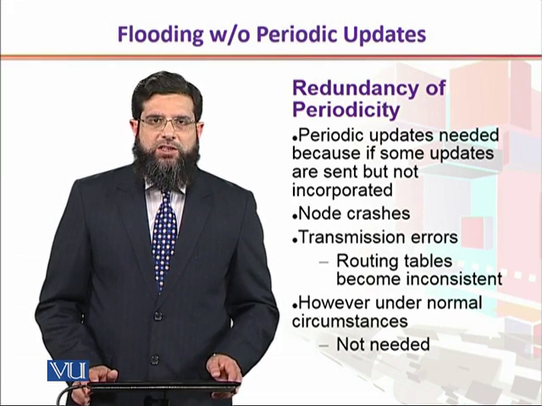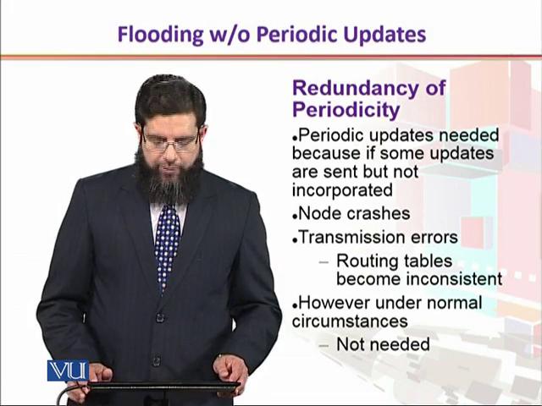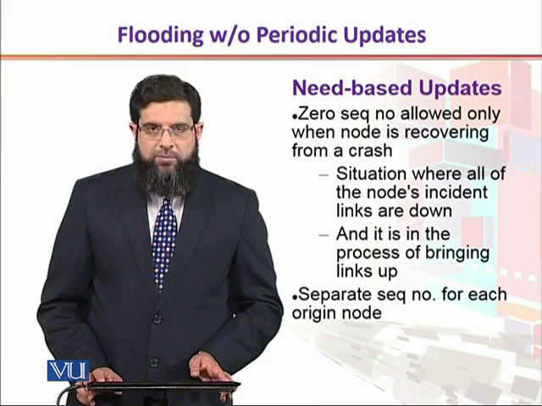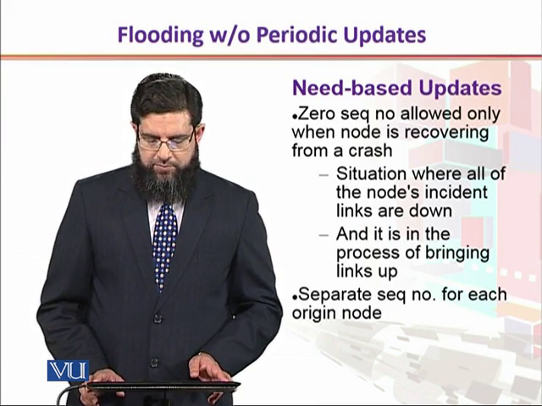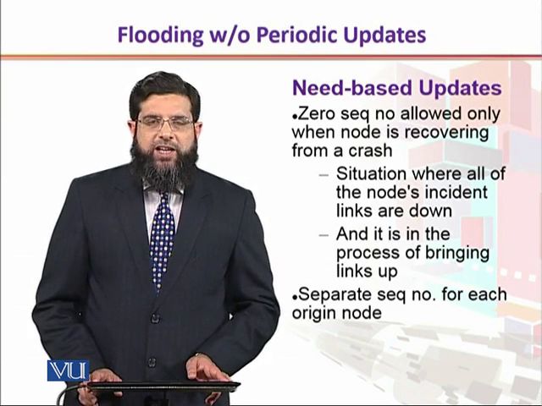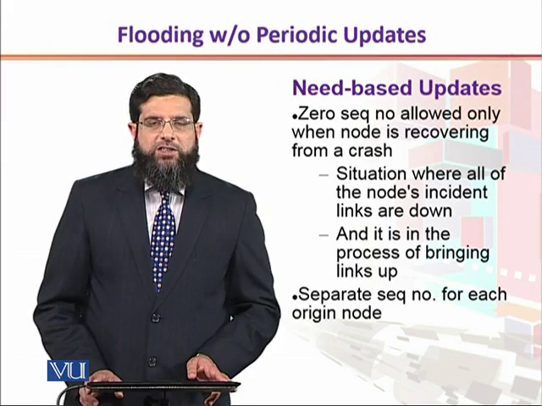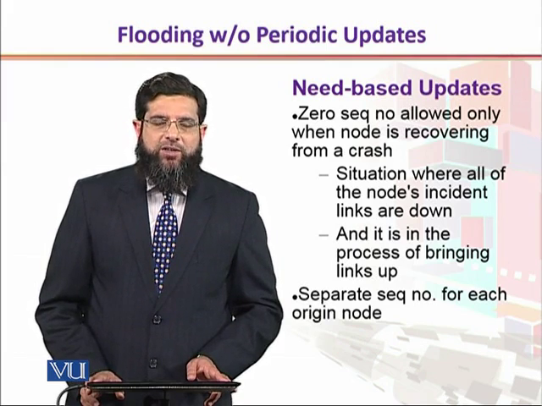Under normal circumstances, this periodicity is not a strict requirement. We call that need-based updates. A special case arises when a node crashes. So when a node crashes, what happens to the sequence numbers that it currently had?